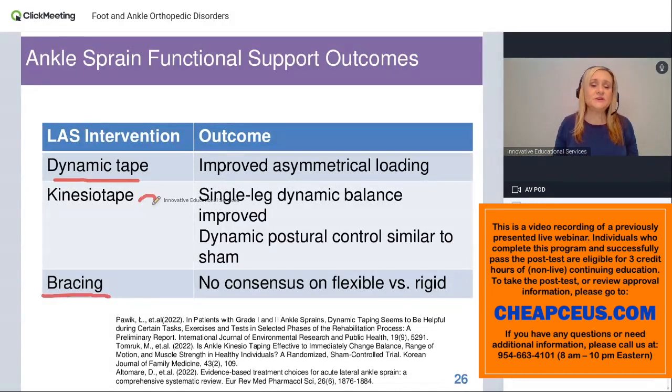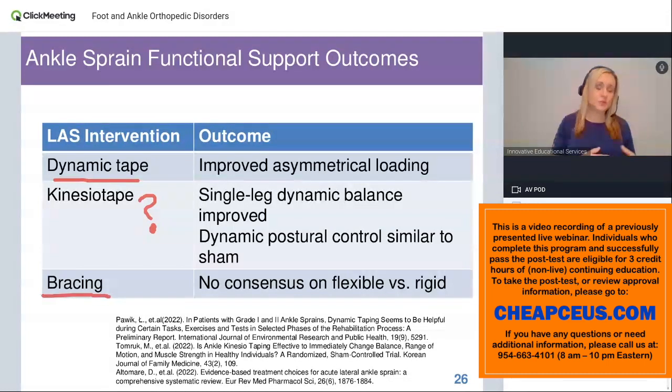In terms of kinesio tape, I'll be honest, the research is not quite there for ankle sprain. Looking at single limb dynamic balance when the kinesio tape was immediately applied, yes, there was that immediate improvement in static balance. However, when they looked at dynamic control in terms of recruitment and muscle stabilization, there really wasn't any difference between that and the sham.